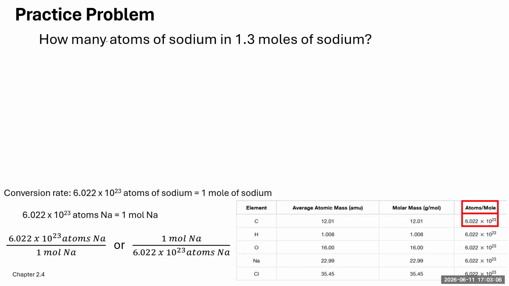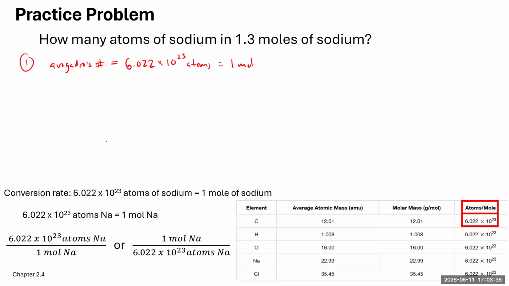Let's say how many atoms of sodium in 1.3 moles of sodium? Okay, well, we know that Avogadro's number, 6.022 times 10 to the 23rd anything, in this case we could say atoms, equals 1 mole.